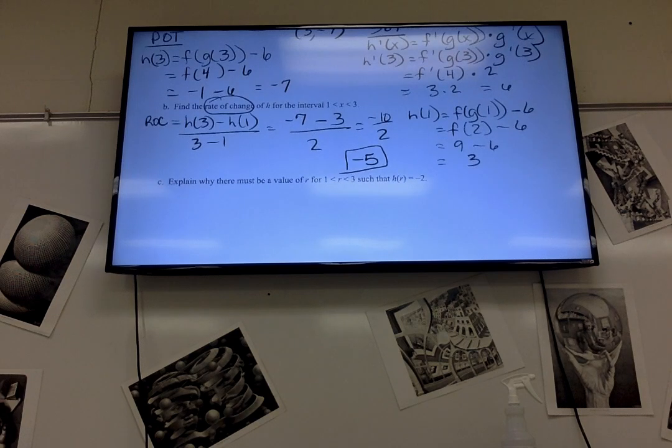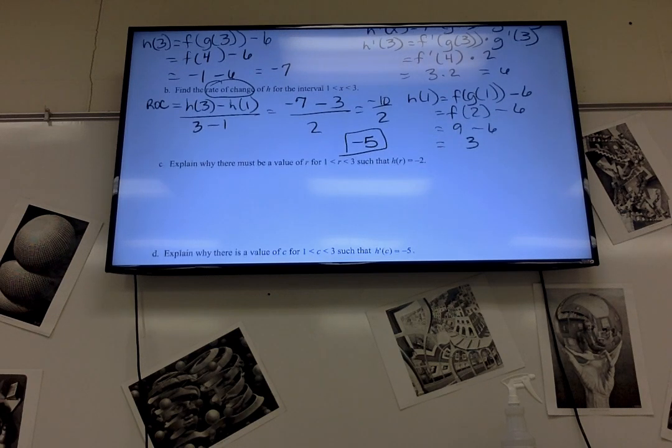Explain why there must be a value r for 1 to 3, such that h of r equals negative 2. That doesn't make sense. Oh, that's not h prime of r. It's just h of r.